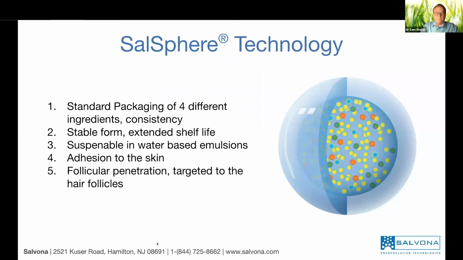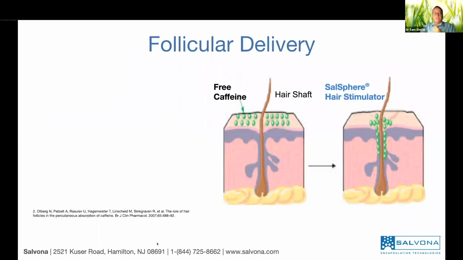And the most important is that it is a vehicle for follicular delivery. It enables the materials to get into the hair follicle, to the stem cells, where all this biology is happening. So follicular delivery is the key of this technology. This is what makes these ingredients work so much better. What is follicular delivery?